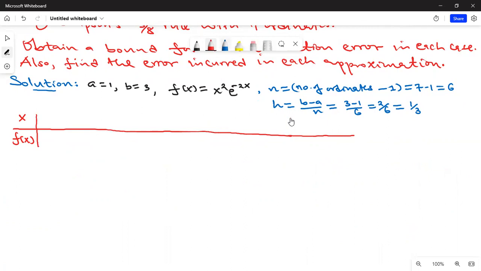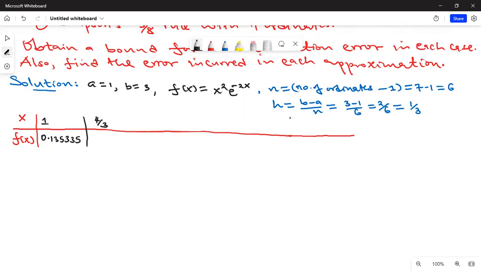So when x is 1, starting from 1, what will be our f of x? Press it in your calculator. You're going to get 0.135335. Continue. Add the step of 1 over 3 to 1. 1 plus 1 over 3, we get 4 over 3.